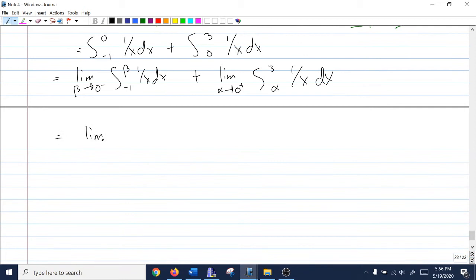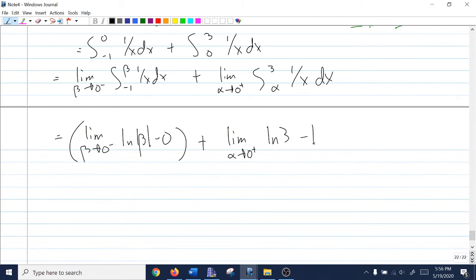This is the limit as beta goes to 0 from the left of natural log absolute value beta minus natural log absolute value 1, which is 0. Plus this will be the limit as alpha goes to 0 from the right of natural log x evaluated from alpha to 3, which will be natural log 3 minus natural log alpha.